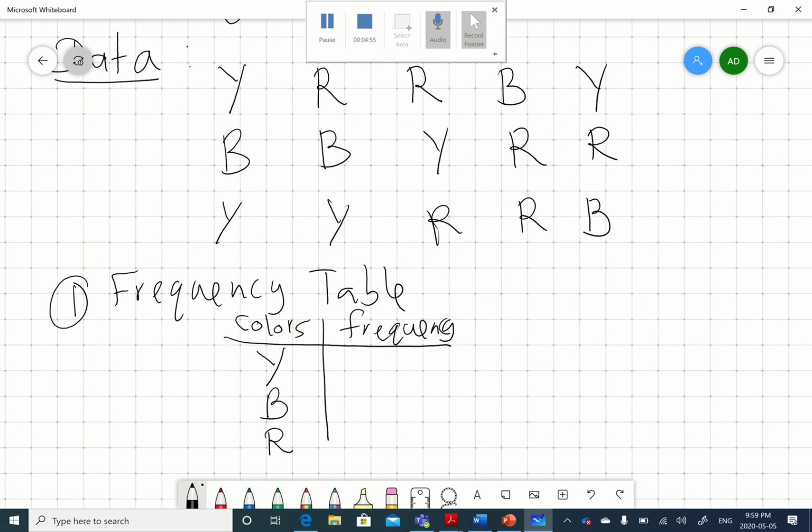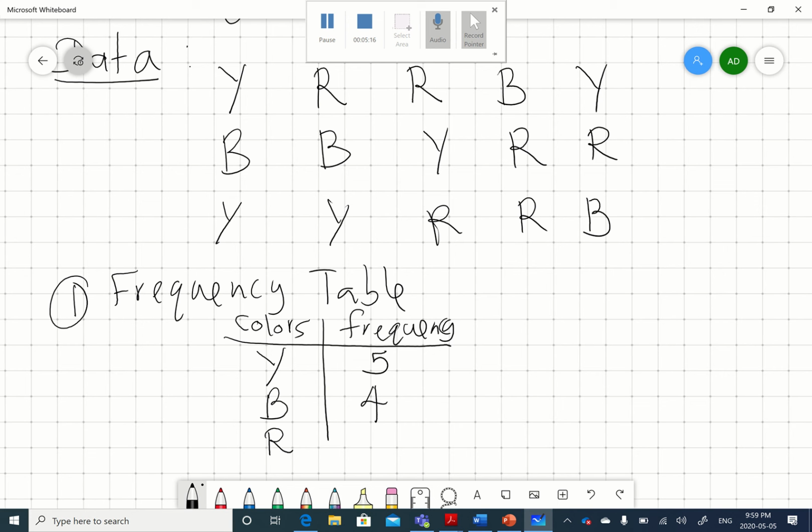And then very easy, you just count in your data set how many of them mentioned the color yellow. So we have 1, 2, 3, 4, 5. So the frequency is 5. And then blue, 1, 2, 3, 4.